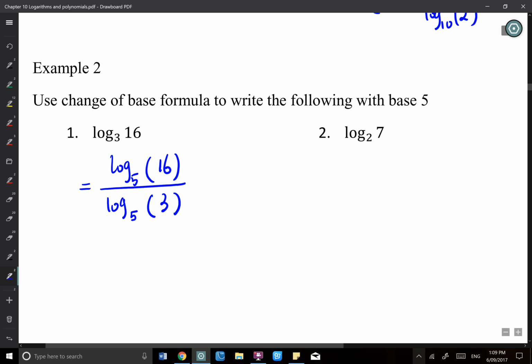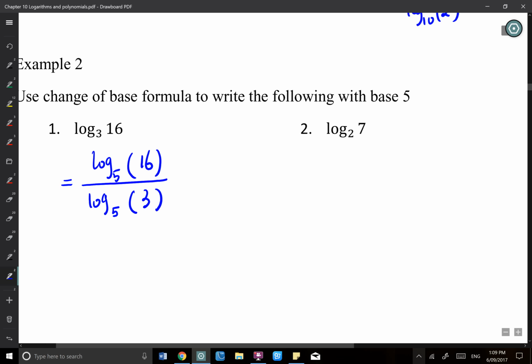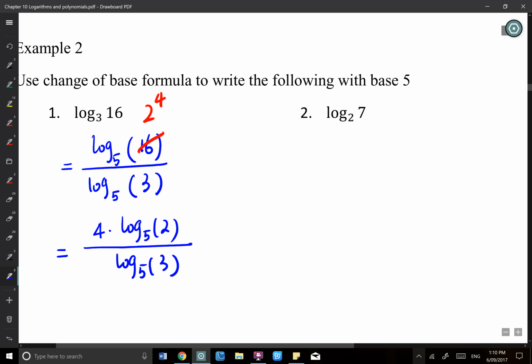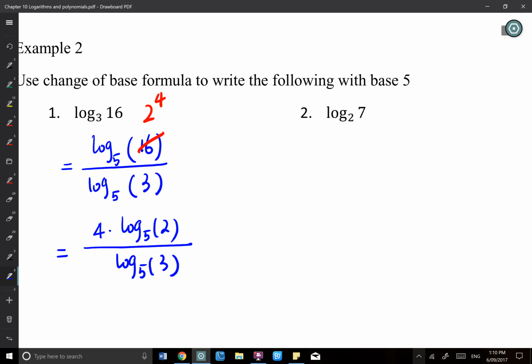I can do a bit more to that. What's 16? 16 is 2 to the power 4, so that's 4 times log_5 2 divided by log_5 3. I can simplify it a little bit, though it's not necessary. I just want to show you how to use the formula.